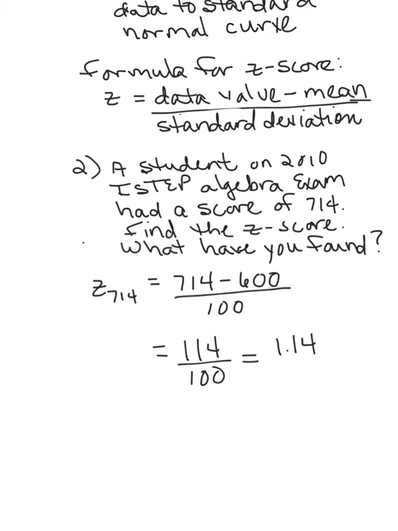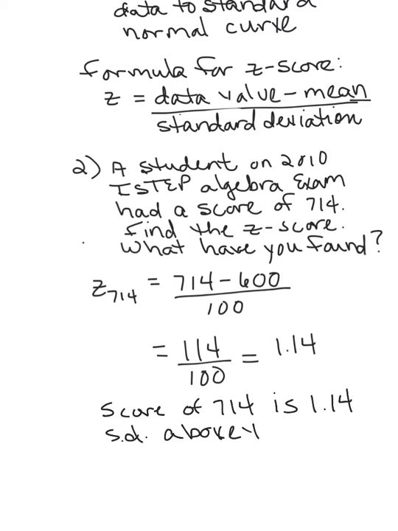So in this particular case, a student with a score of 714 is 1.14 standard deviations. I'm just going to abbreviate here. Because our 1.14 was positive, we are going to say above the mean.